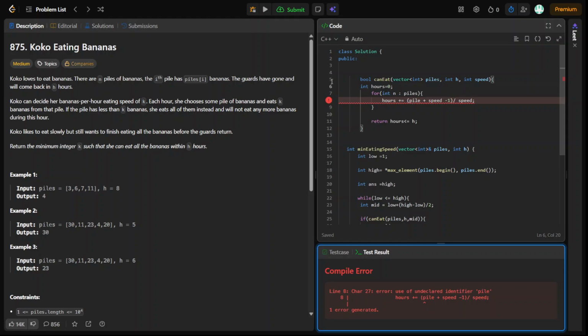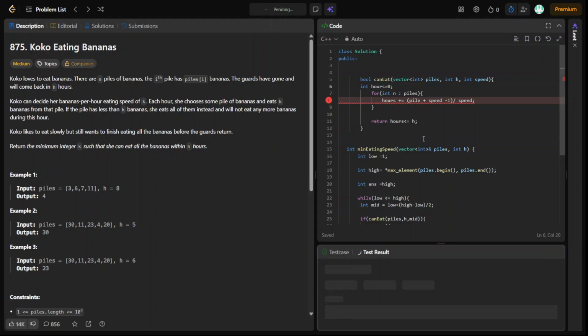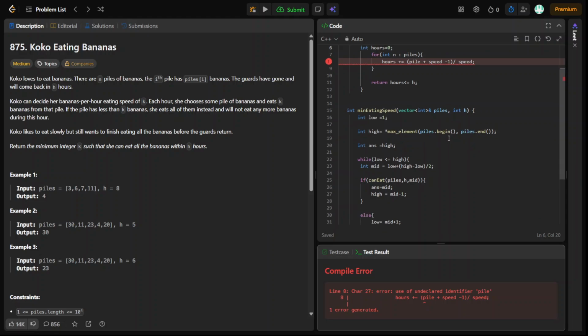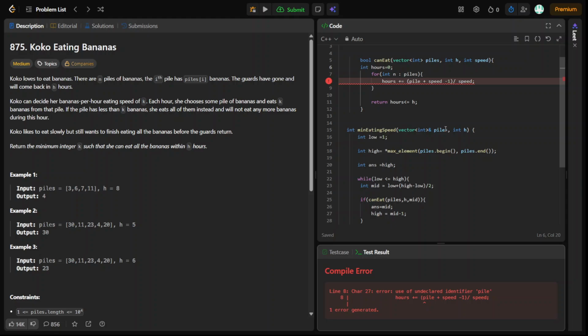So if we talk about the time complexity, binary search has a time complexity of log n, because it divides the array every time: divide by 2, divide by 2, divide by 2. And we are traversing the piles array every time.